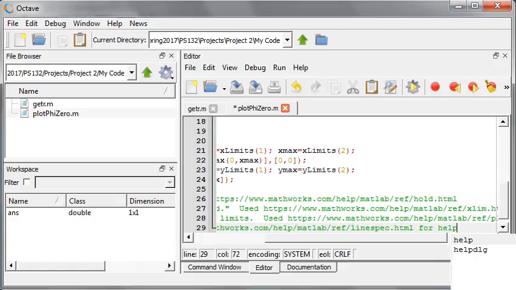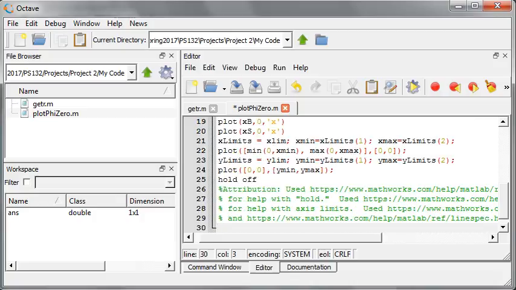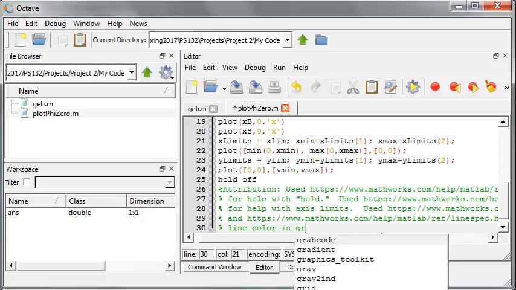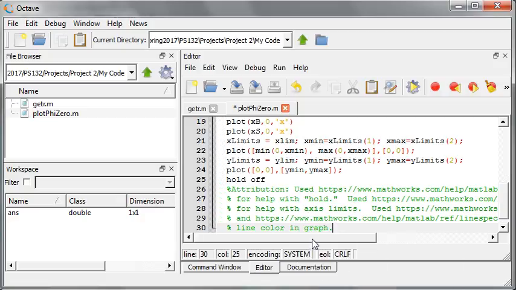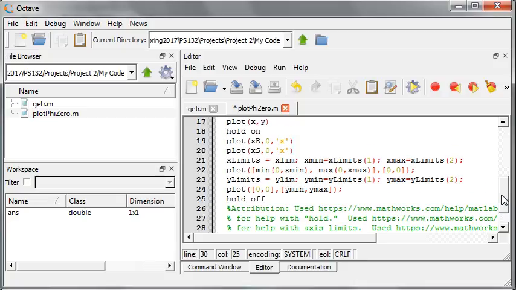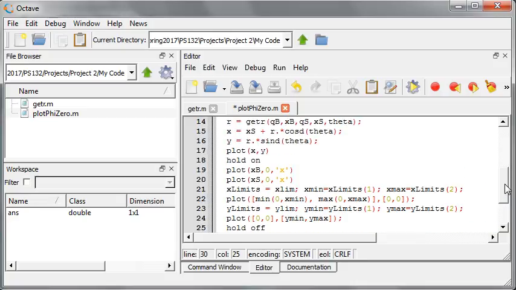For help with line color in graph. Okay. Plot.